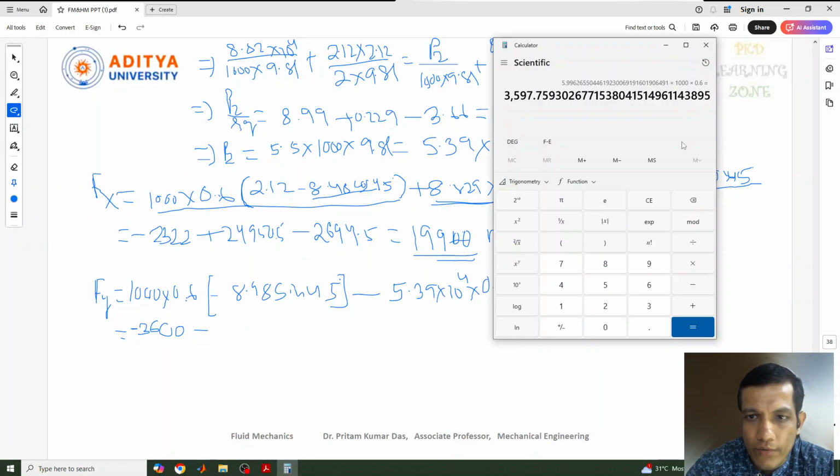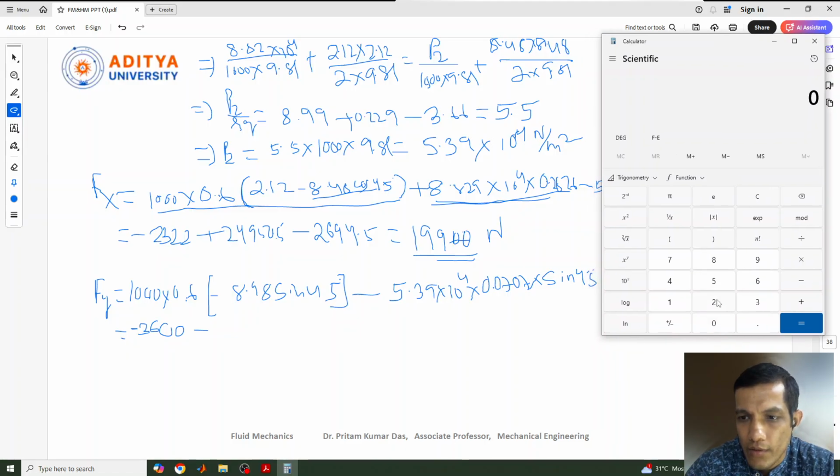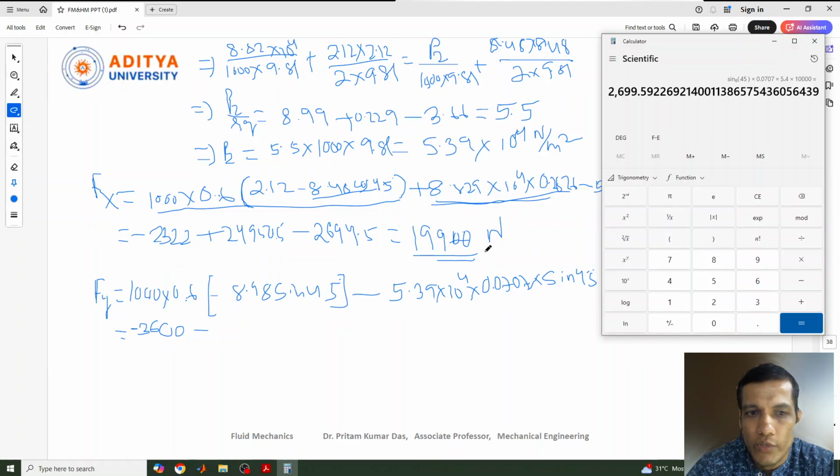Now again minus of each value is here. So if you solve this, we get this equation, sin 45 again multiplied by 0.0707 into 5.4 into 10 to the 4, which gives 2699.